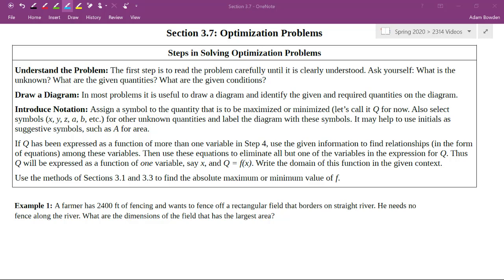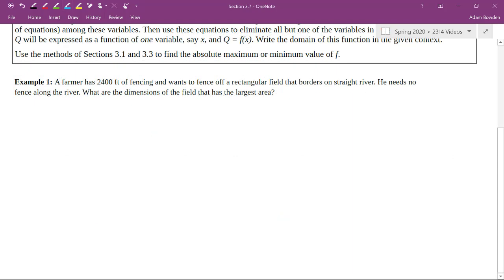We also want to introduce notation, letters and symbols, so that we know what each of these quantities are and can talk about their formulas. We're also going to be dealing with derivatives, since derivatives can tell us about maximums and minimums specifically. So I'm going to show you an example here that illustrates the optimizations we're going to be using our calculus for.